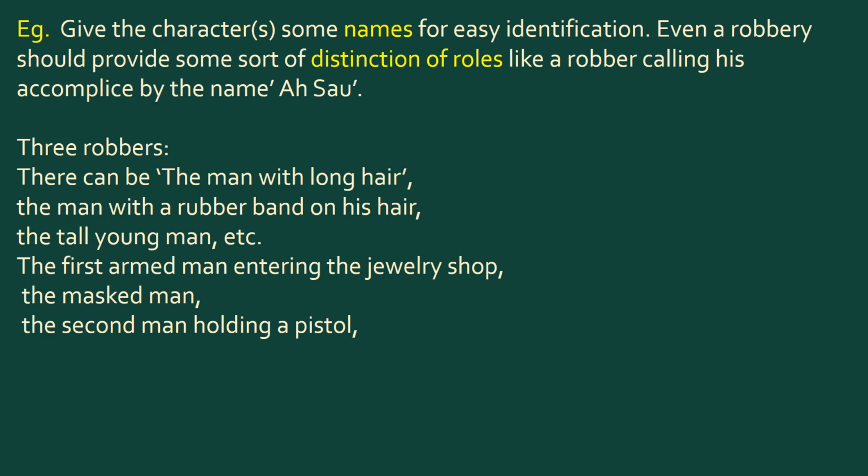So for example, remember to give the characters some names for easy identification. Even when you're talking about a robbery, you should provide some sort of distinction of roles between the characters.